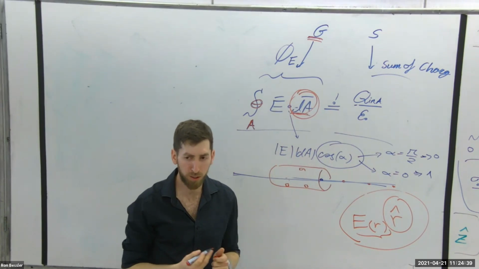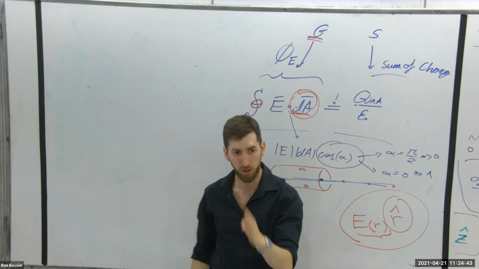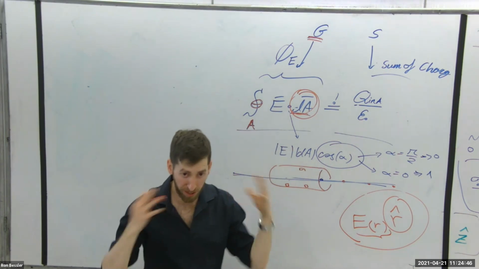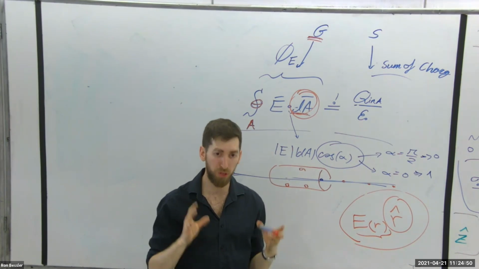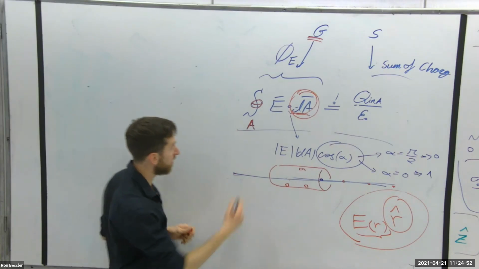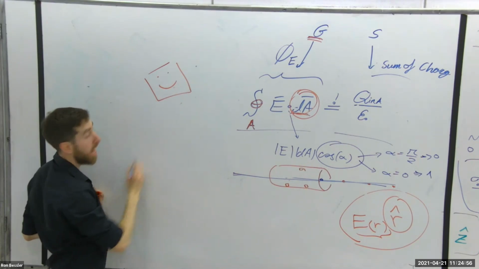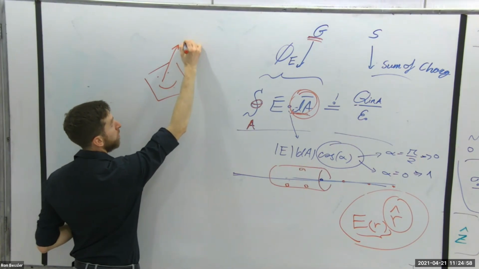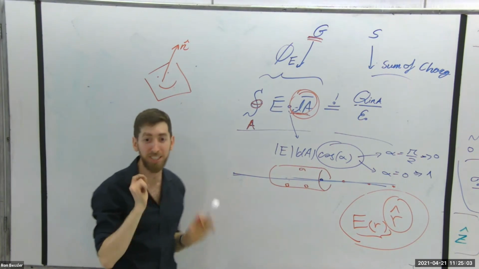It's a vector. It's really weird, but this dA has some direction. It's pointing somewhere. The convention is that dA points outward. An easy way to think about that is as if dA has a face and a normal, which is a nose. That's how I think about it. So for me, each dA is a smiley.